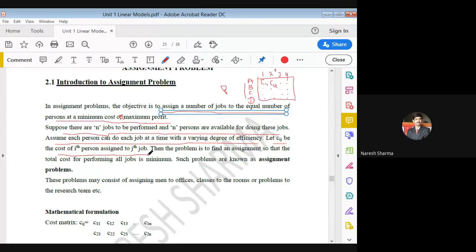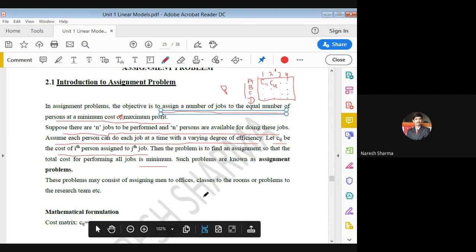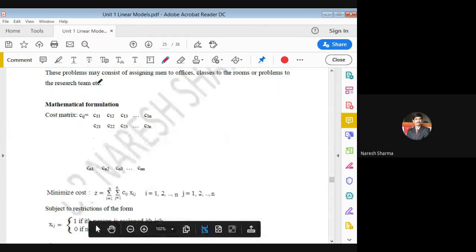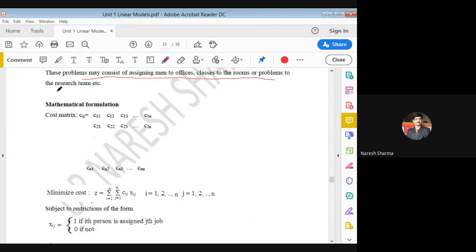Our target is to assign one job to each person in such a way that the cost is minimum. These problems may consist of assigning men to offices, classes to rooms, and problems to research teams. These are the examples, right?